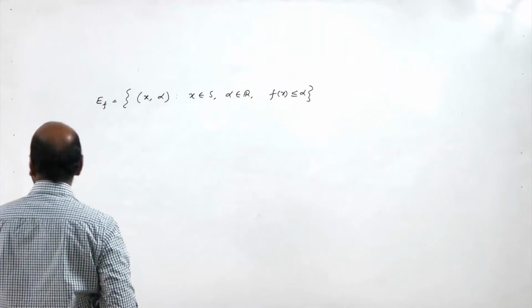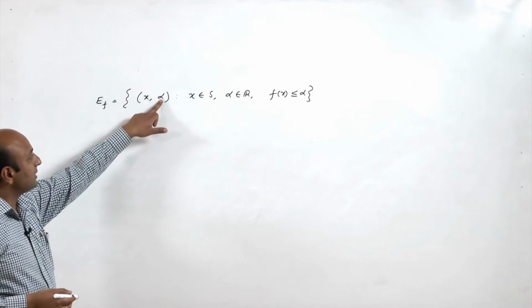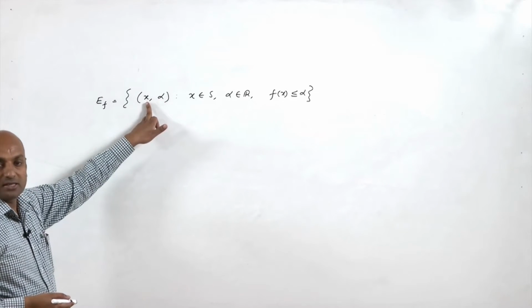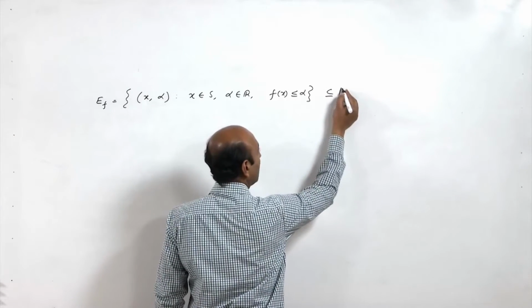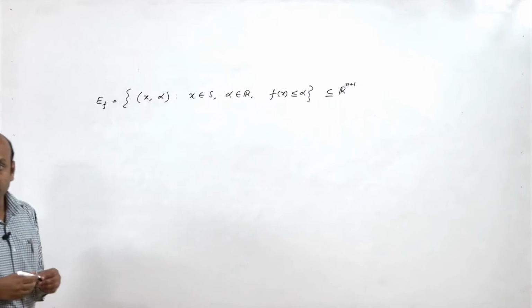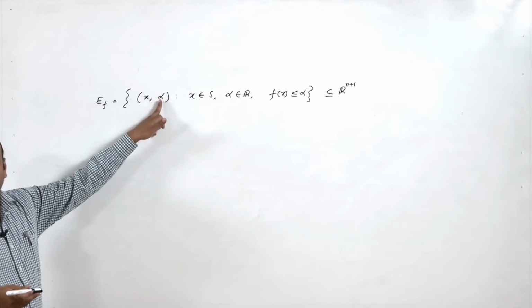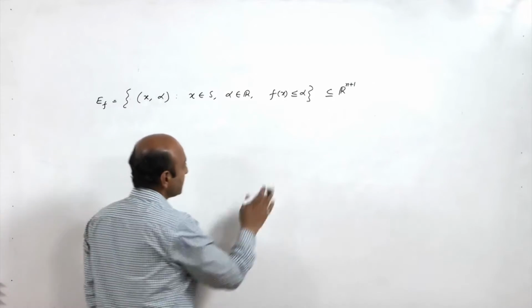Definitely, because x is in R^n and alpha is in R, this tuple will be in R^(n+1). So it will be a subset of R^(n+1). Let us understand this definition.